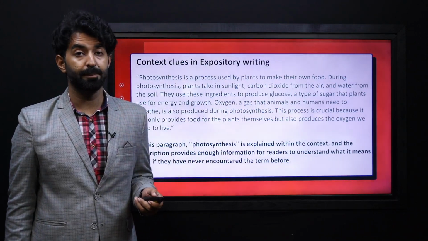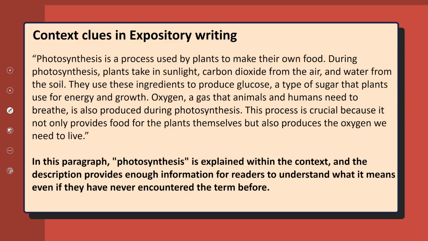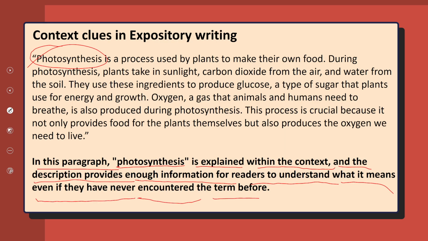Now, here is a passage in front of you. The very first word here is photosynthesis. In this paragraph, photosynthesis is explained in the rest of the sentences within the context, and the description provides enough information for readers to understand what it means, even if they have never encountered the term before.